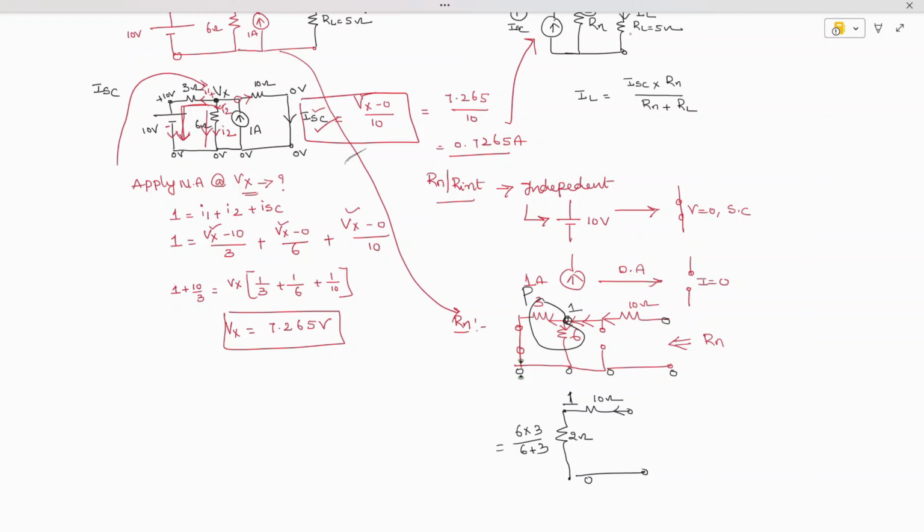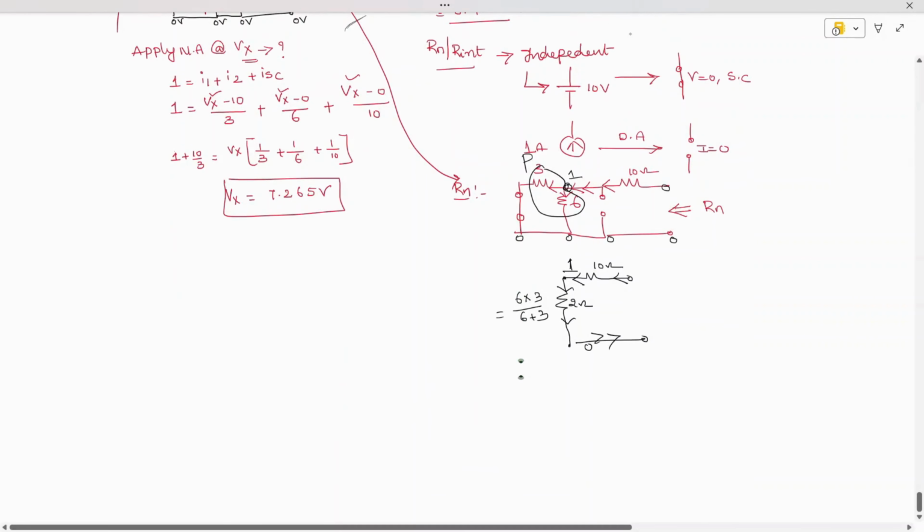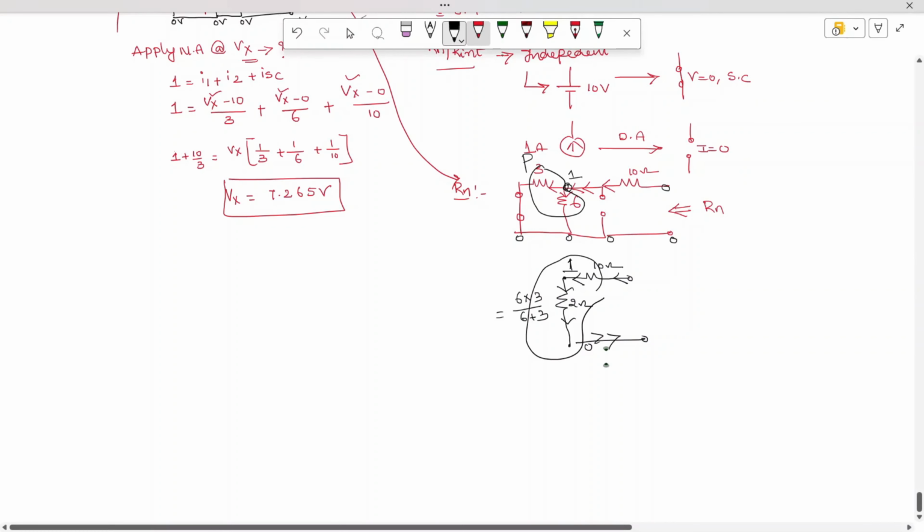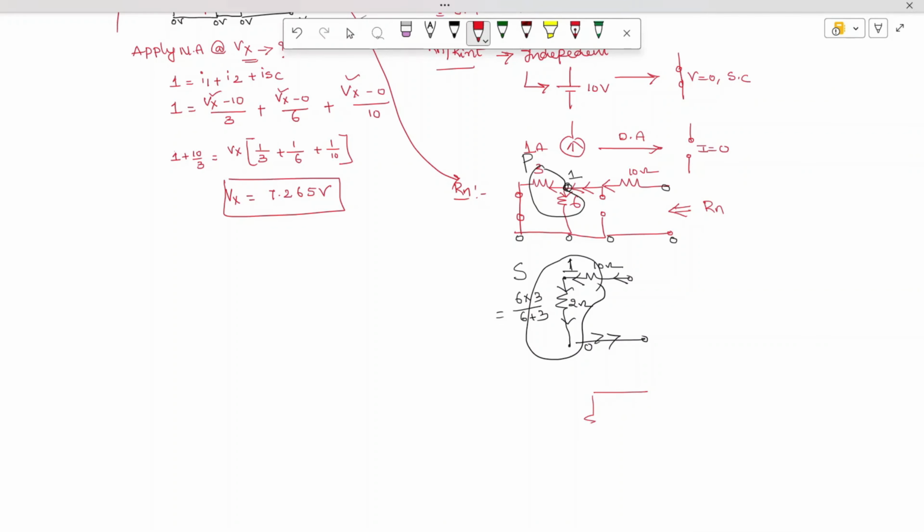Again you can see here the current flows in the 10 ohm and current comes out. I can say now these two are connected in series. Therefore, we are going to get only one resistor between 1 and 0. Whenever these two are connected in series, this is nothing but 10 plus 2.